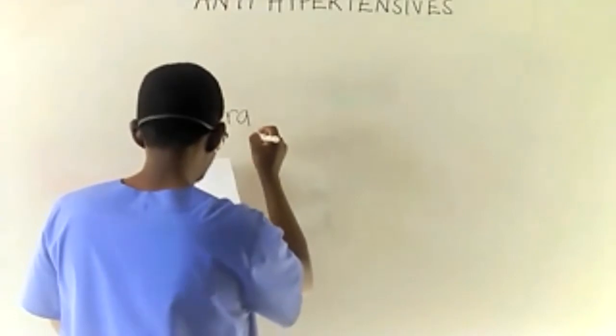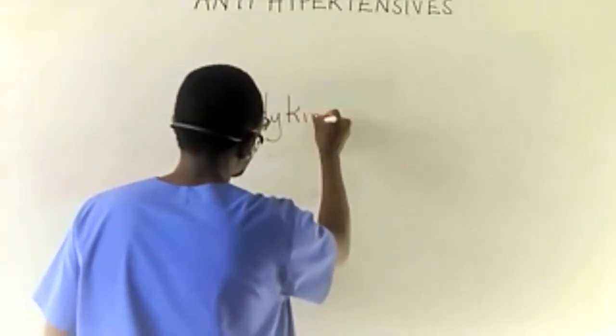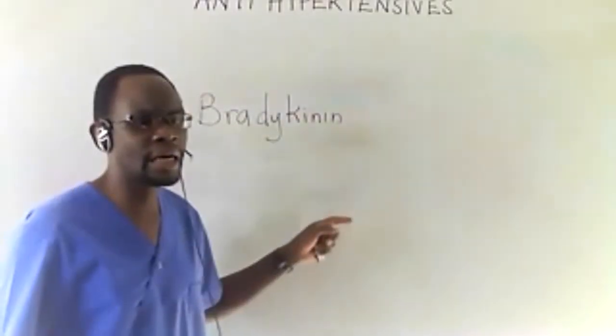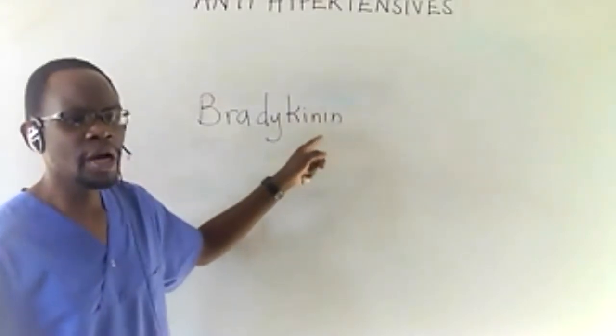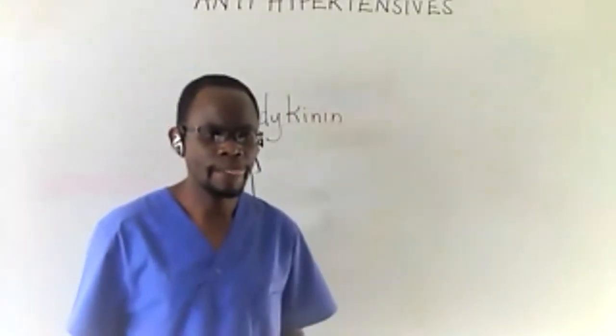Angiotensin converting enzyme also breaks down a substance called bradykinin. If you remember very well in inflammation, bradykinin basically is a vasodilator.